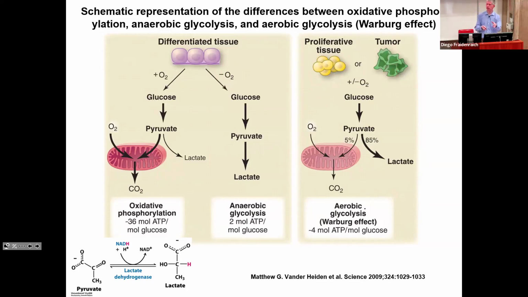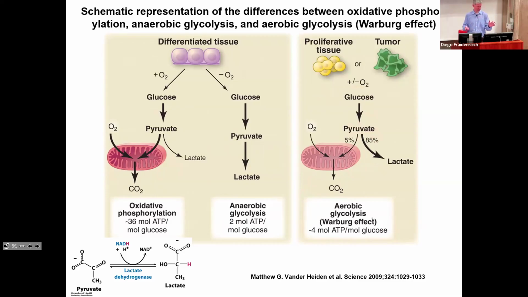This person found for the first time that tumor cells, although they have functional mitochondria, generate the majority of the cellular energy, so ATP, during glycolysis. So they would not use mitochondria; everything would be based on the glycolysis level.